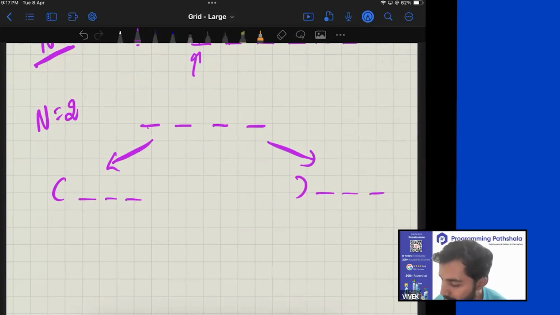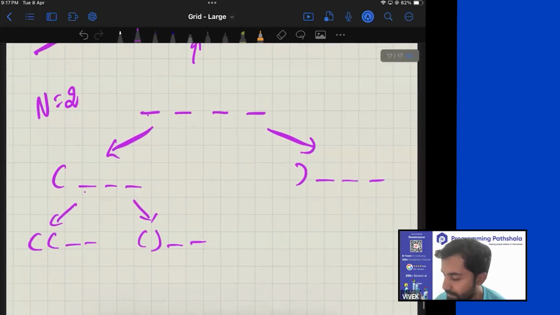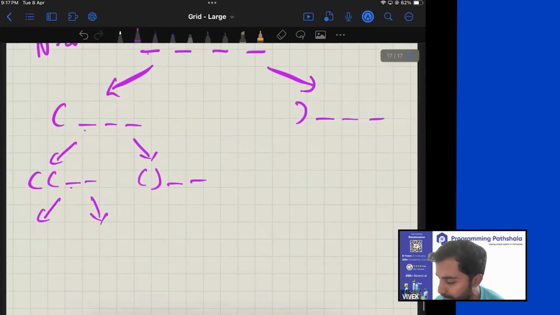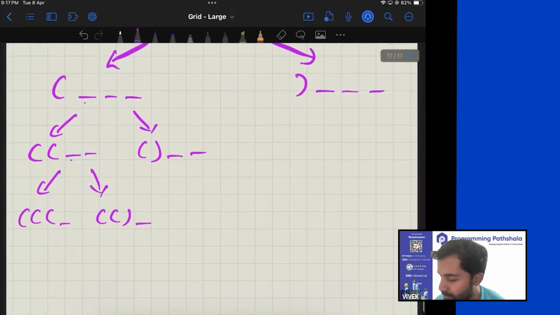And now you can go on to the next character and again say there are two choices. Then this process goes on, and for each of the remaining characters, there are again two choices: an opening brace or a closing brace.